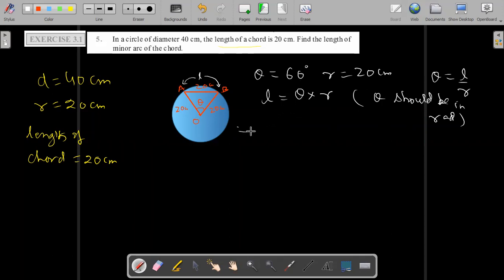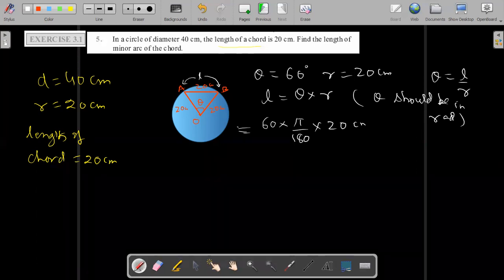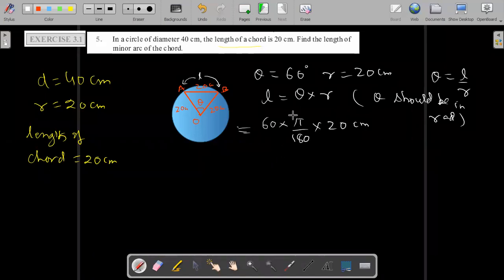In order to convert 60 degrees into radians, you can convert separately, or you can write 60 degrees into pi by 180. This will convert into radians, multiplied by the radius 20 centimeters. So the answer will be in centimeters, because here we are finding a length.